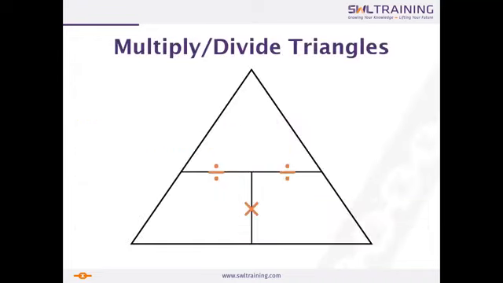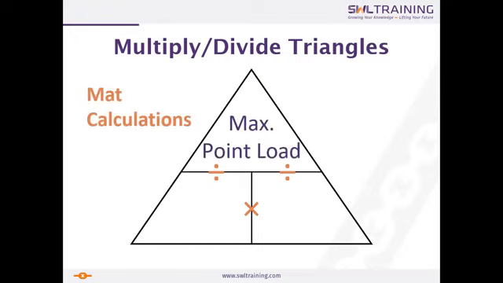Another way we can use the triangle is for MAC calculations. So you need to get the maximum point load for the crane, which of course is the outrigger load or the track load. Divide that by the maximum permissible ground bearing pressure. So what is the maximum weight you're allowed to apply to the ground in tons per square metre?